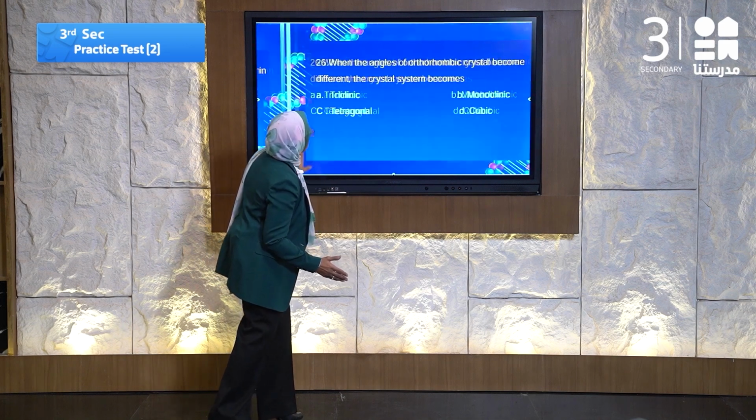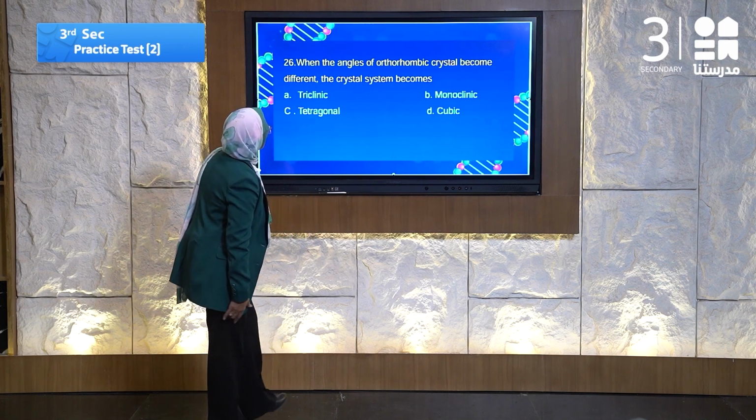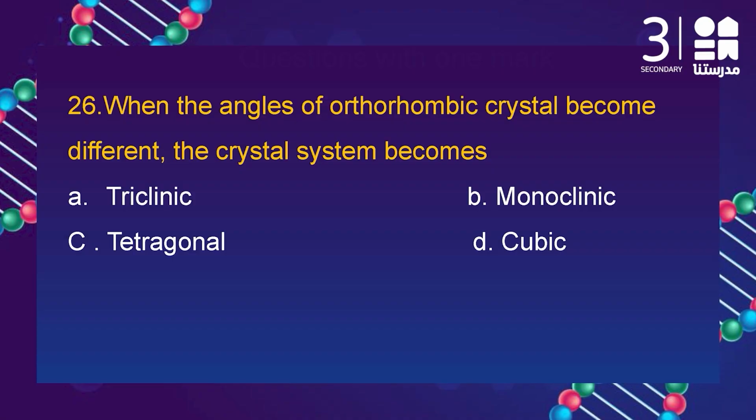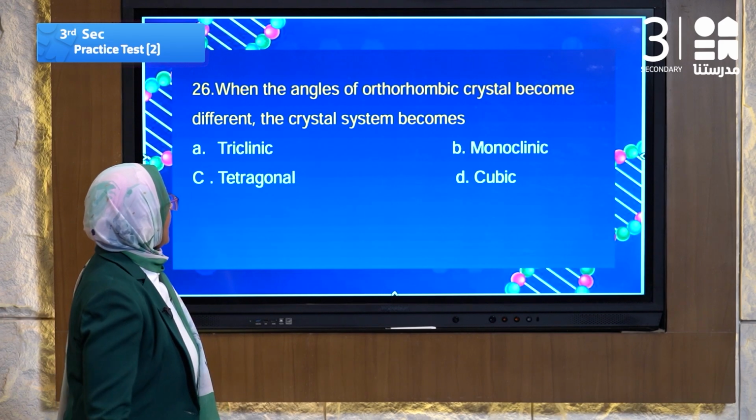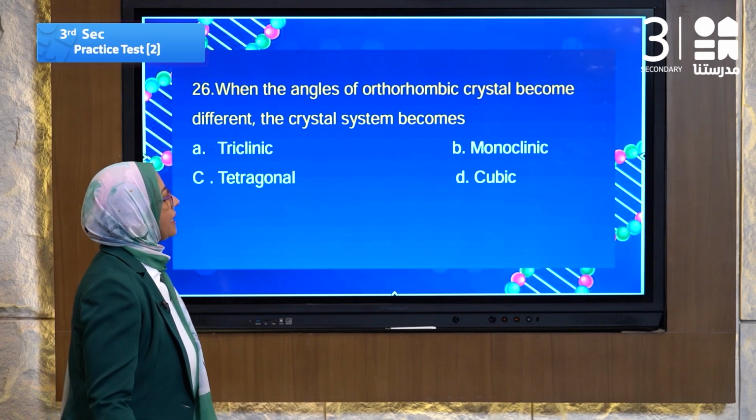Okay, let's go to 26. When the angle of orthorhombic crystals becomes different, the crystal system becomes, there are 4 choices. There are 3 axes to orthorhombic crystals.